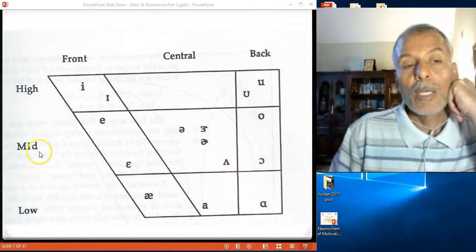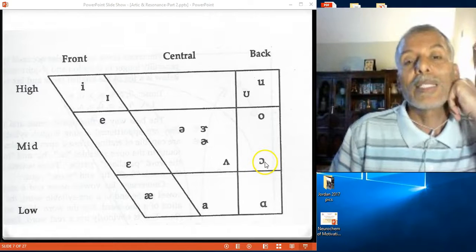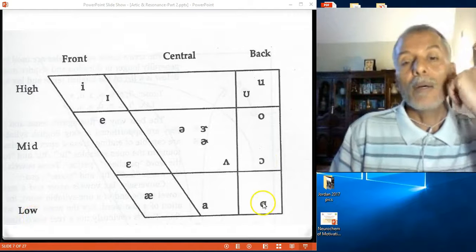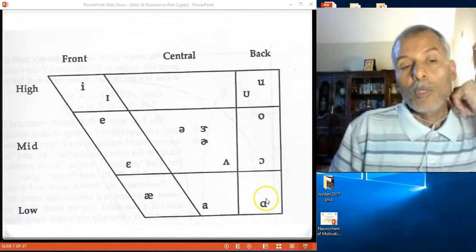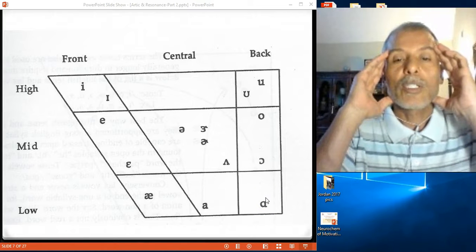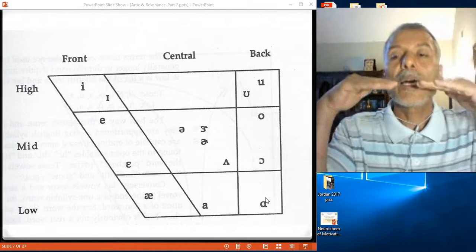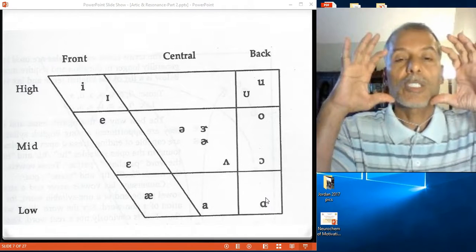So this one is mid, low back, rounded, and tense. And then the ah is a sound where, when you say it, doctors and health professionals like you to say ah so that you can bring the tongue down and back so that your oral cavity will be the largest it can be.